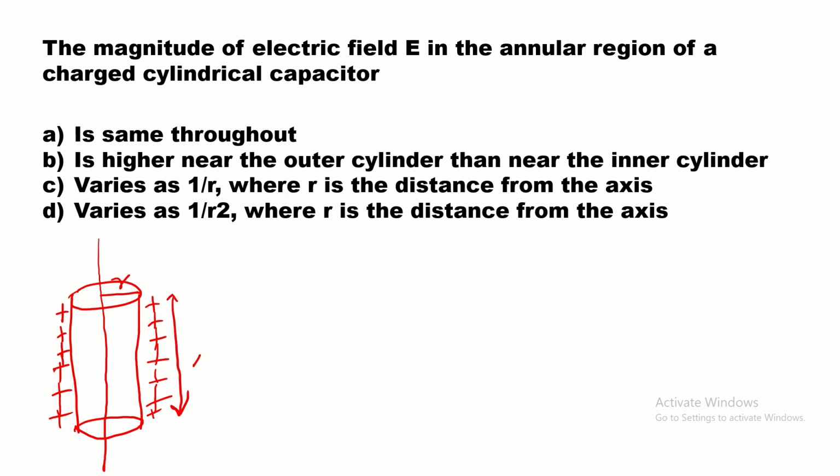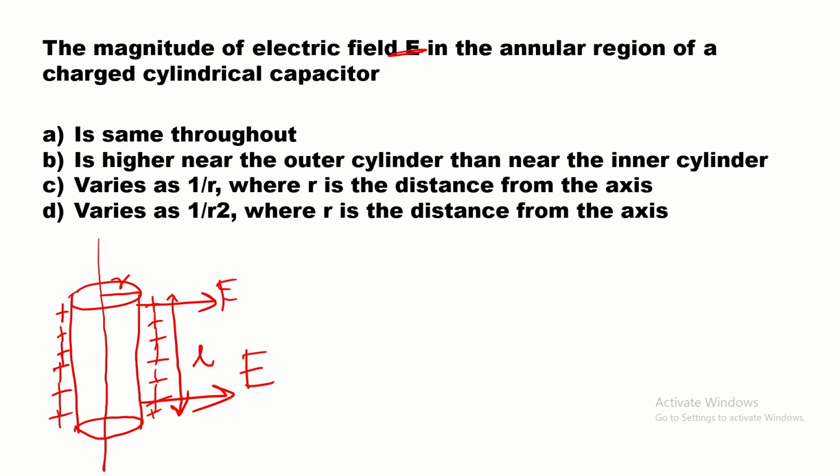It is given that electric field is E. So we know that electric field over here and over here would be the same. So both of these would be E.